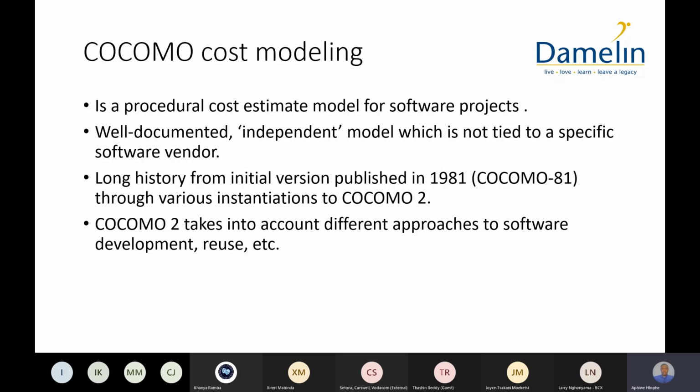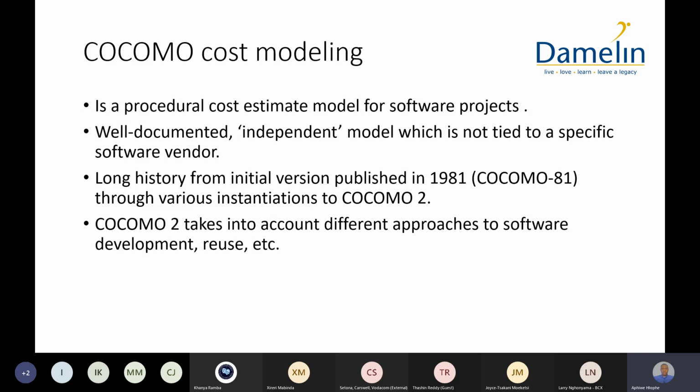And it has a long history from its initial version published in 1981, which was called COCOMO 81, through various instantiations to COCOMO 2. So COCOMO 2 takes into account different approaches to software development, including reuse. So they saw that, look, this whole philosophy of developing software, it's changing. We're no longer developing software from scratch.